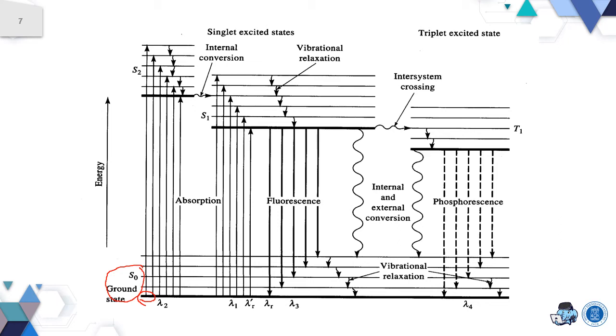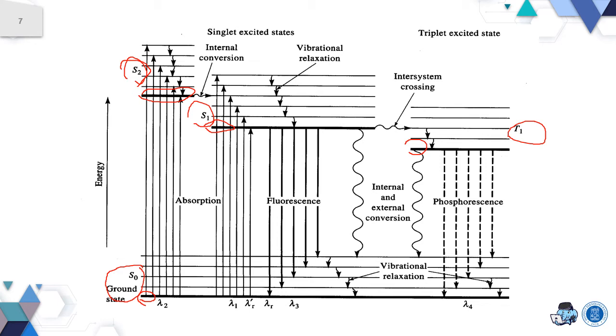All of the states have the bold line for the vibrational energy level, so it's always a bold line. And then the excited singlet states we call S1, S2, and the excited triplet state T1.